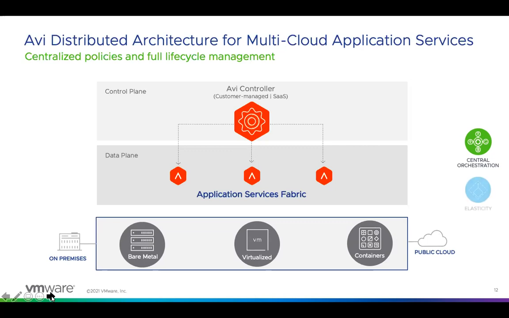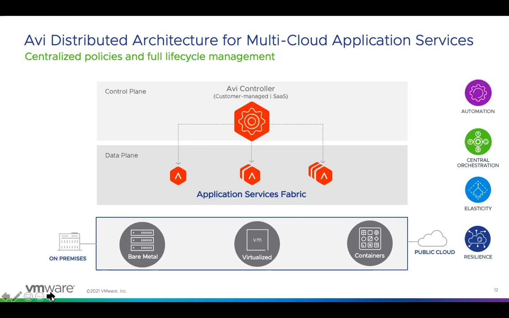Can you click one more, please? Yeah. So since this is a completely software product, the service engines can scale elastically while being managed centrally from a single Avi controller. This gives you an elastic, resilient fabric where even if a service engine dies, the controller is intelligent enough to spin up a new one.